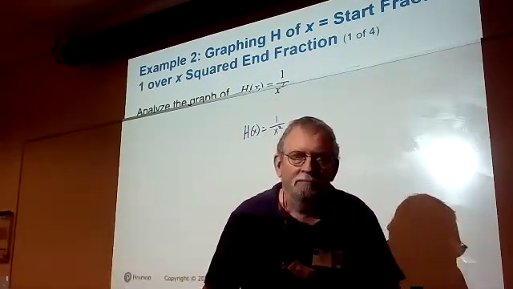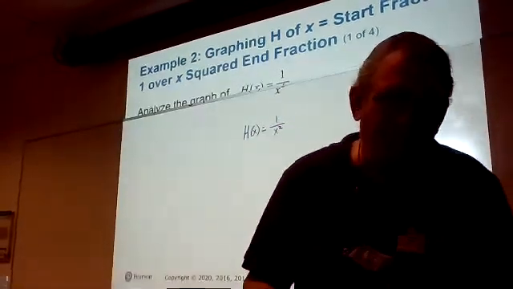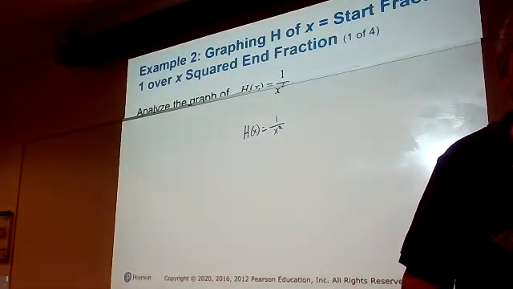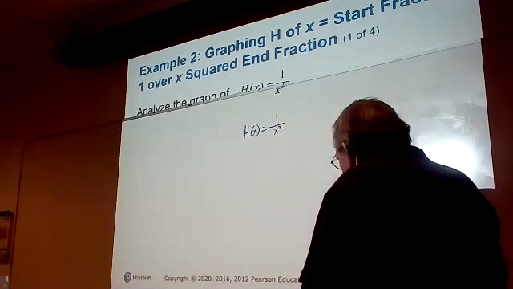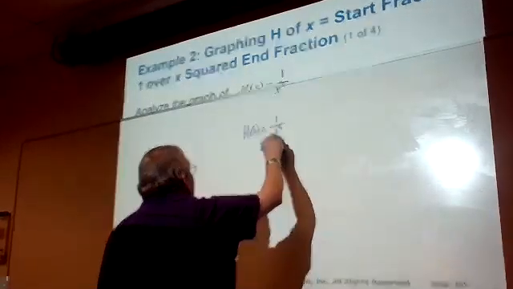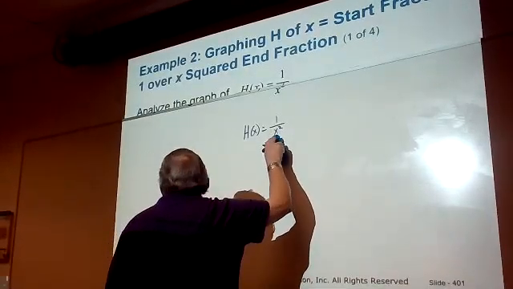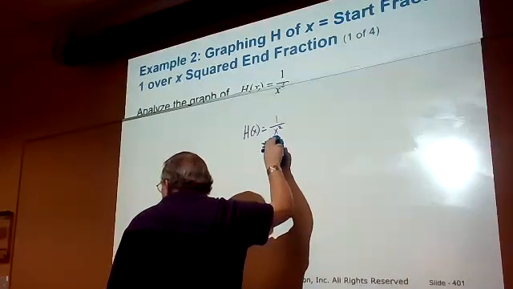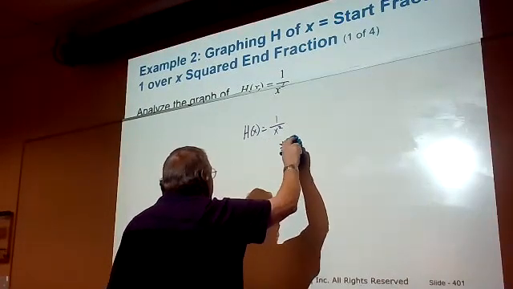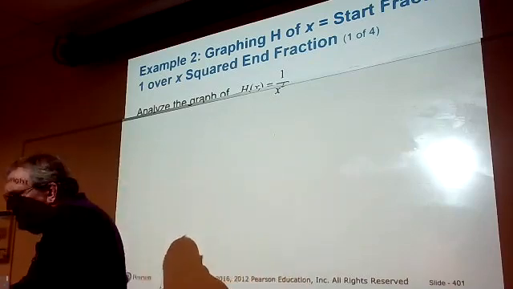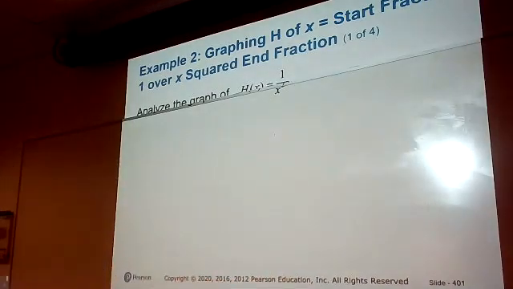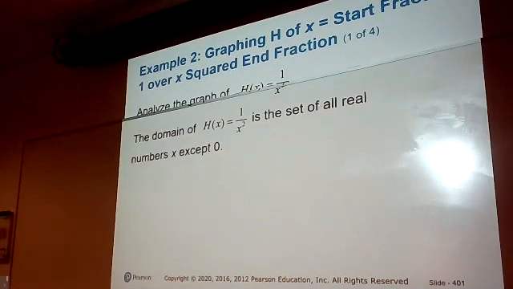Someone says x cannot be equal to 0 because the function wouldn't exist. Right. So x can't be 0 because 0 squared is still 0. So we can't have 0 down here. So it's all real numbers except for x equals 0.